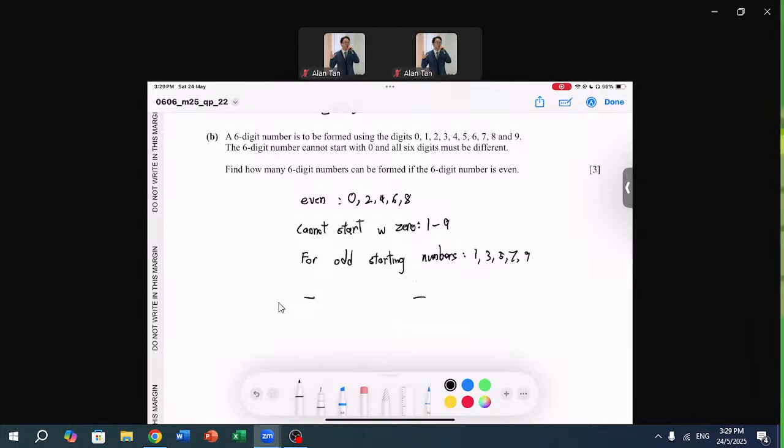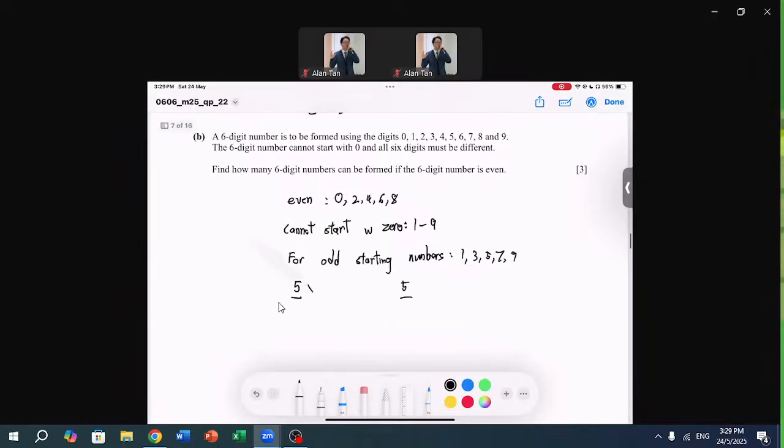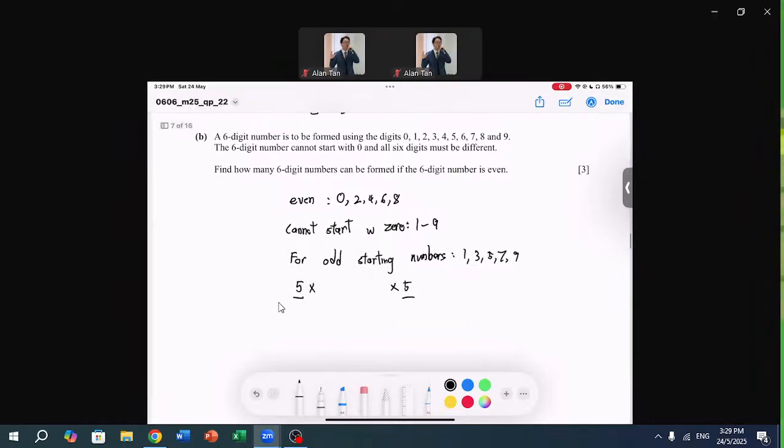You will have 5 choices at the back, because for each of 1, 3, 5, 7, 9 we have 5. So 5 times 5. And since we place 2 of the numbers at both sides, we are left with 8 to choose for 8P4.